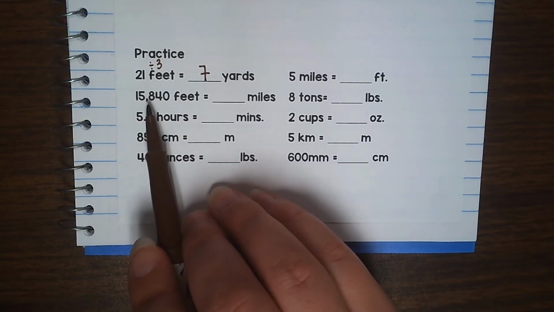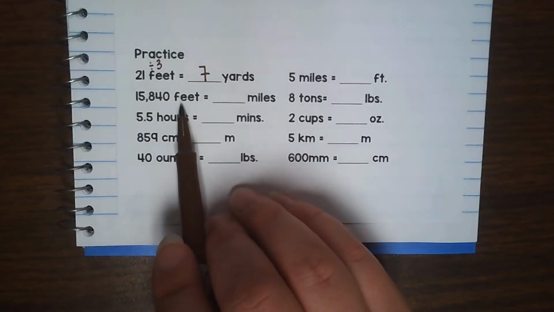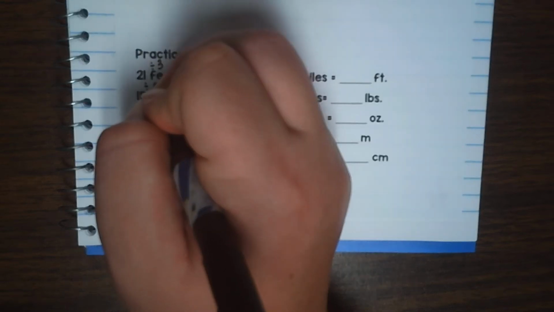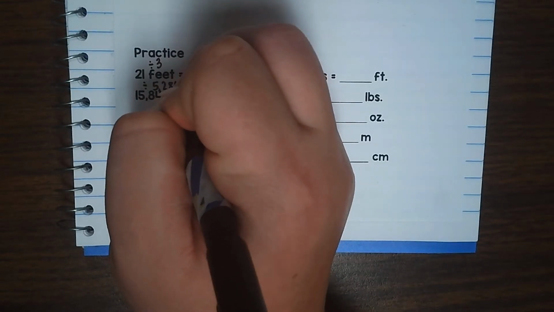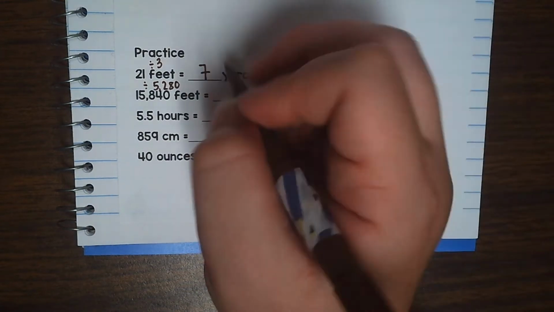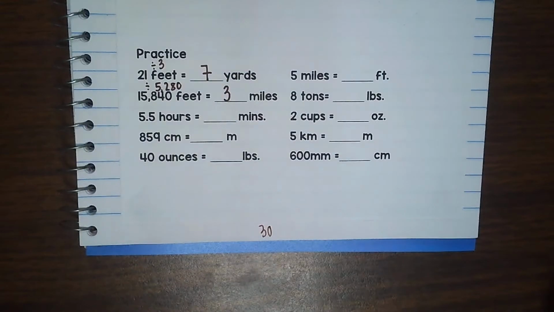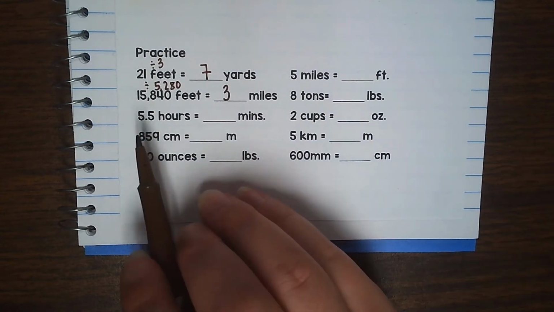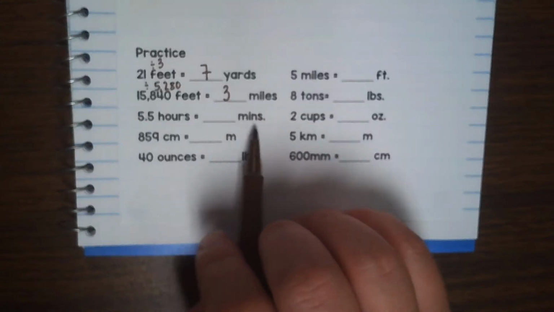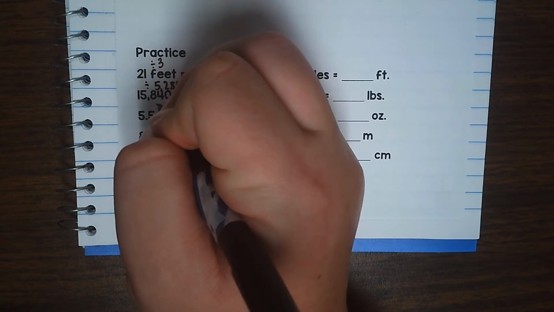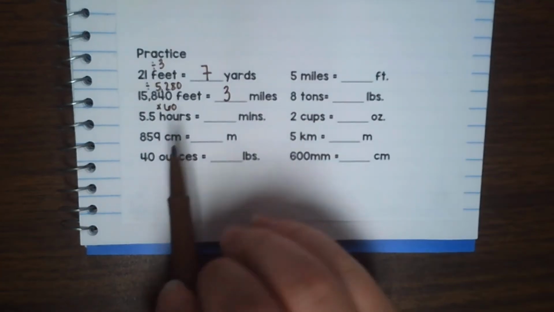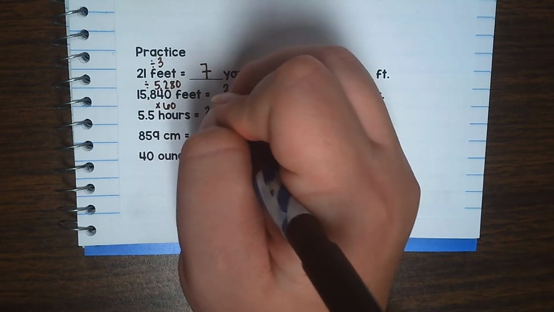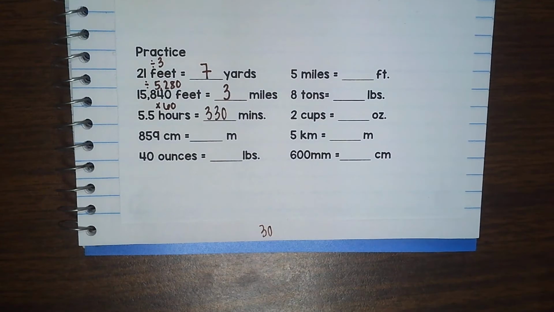If I have 15,840 feet and I want to know how many miles that is, I would just divide by 5,280, and that would give me 3 miles. Five and a half hours equals how many minutes? I would have to multiply by 60. 5 and a half times 60 is 330 minutes.